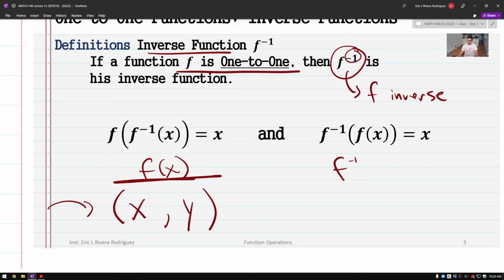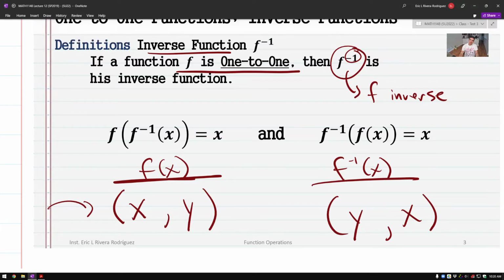Well, the inverse of f inverts the coordinates. So now the first entry in the coordinate is going to be the y value, and the second entry in the coordinate is going to be the x value. So it flips.